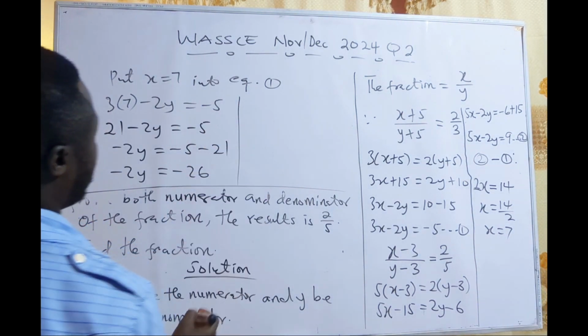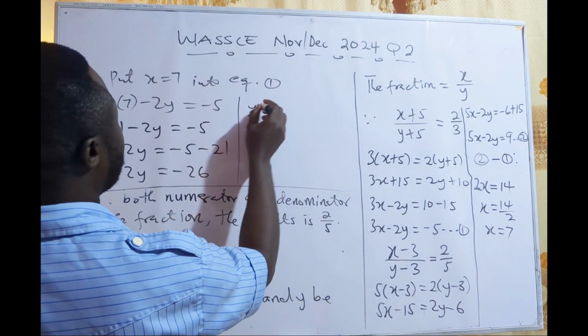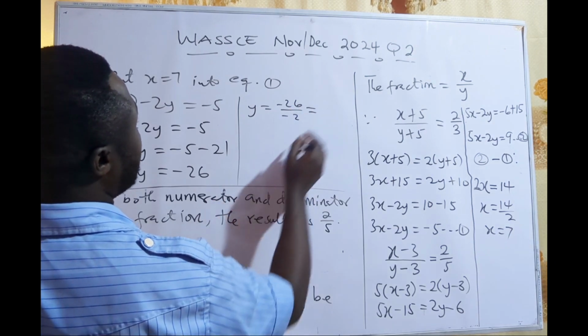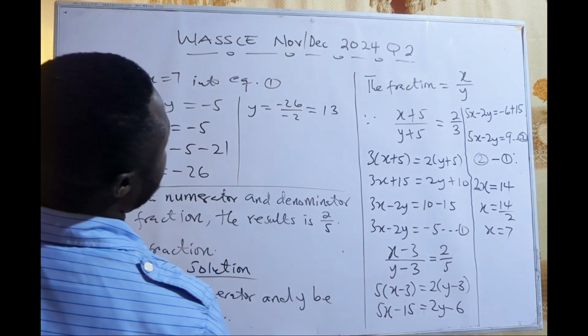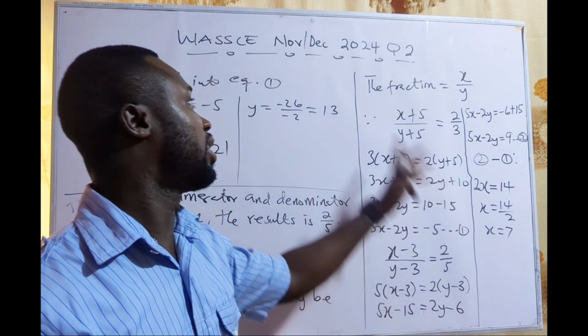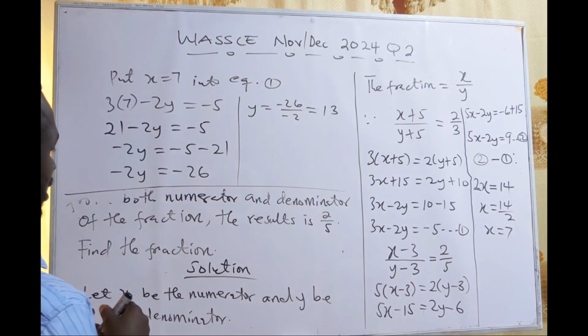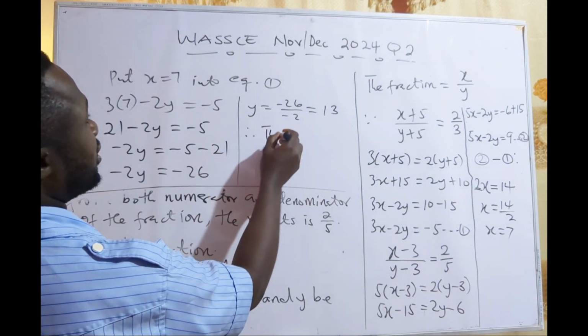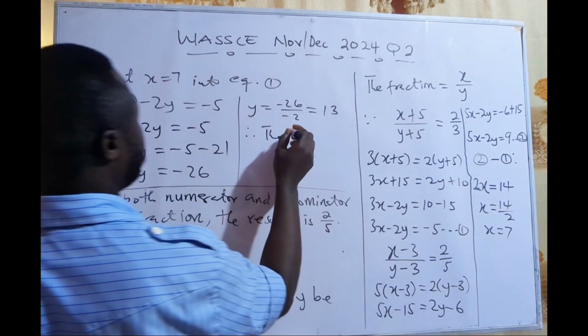Then my y will be equal to minus 26 over minus 2, and that will give me 13. So our x is 7 and our y is 13. Therefore the fraction is x over y.